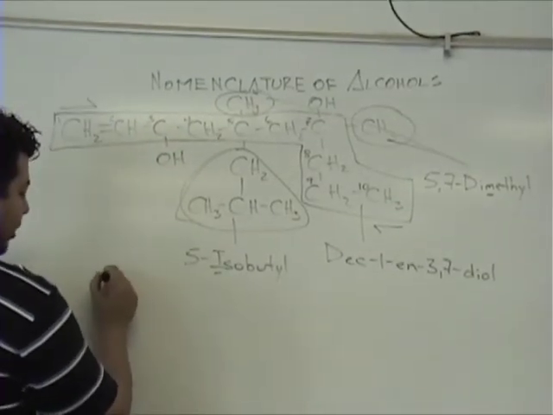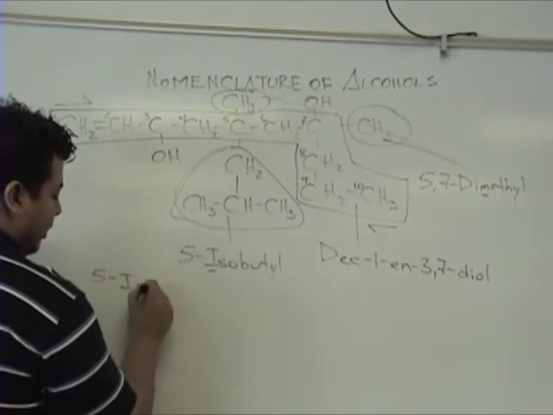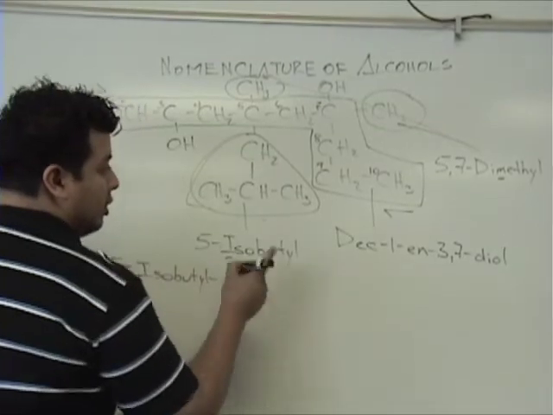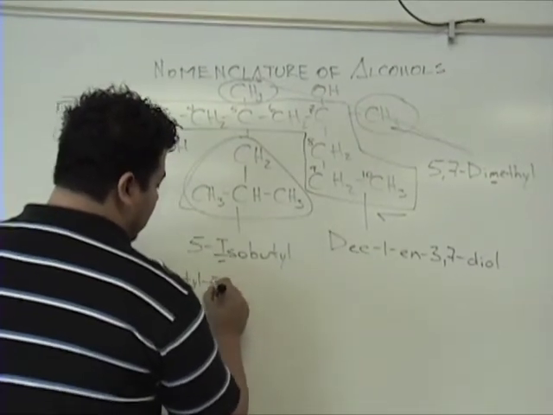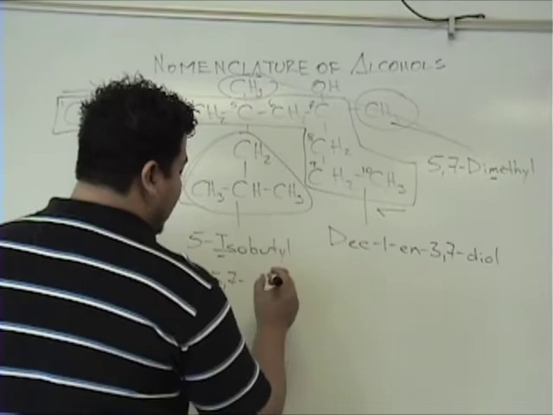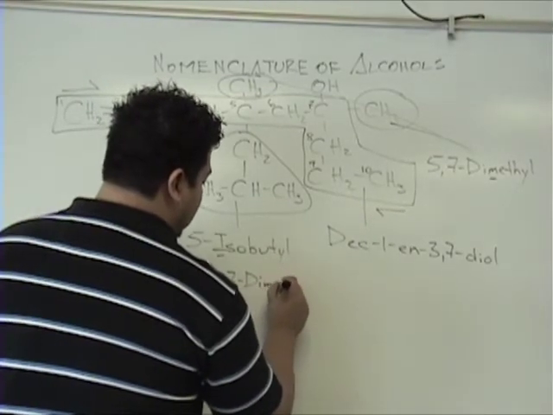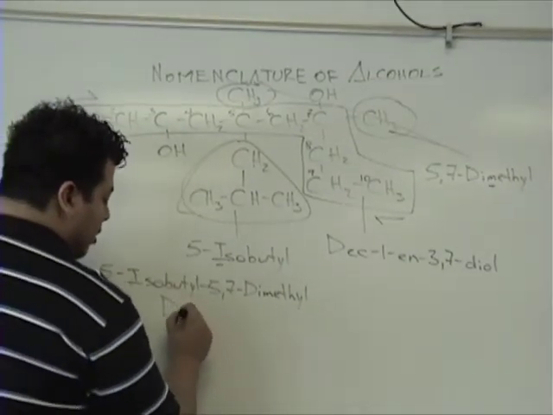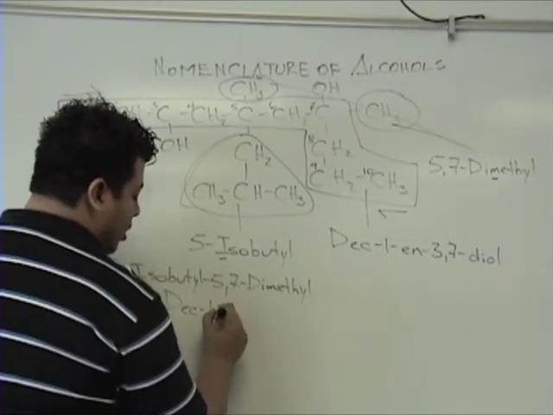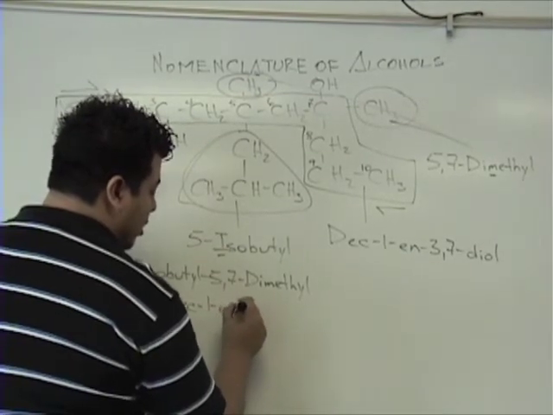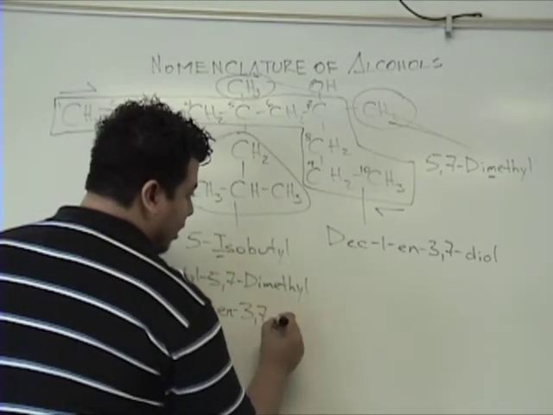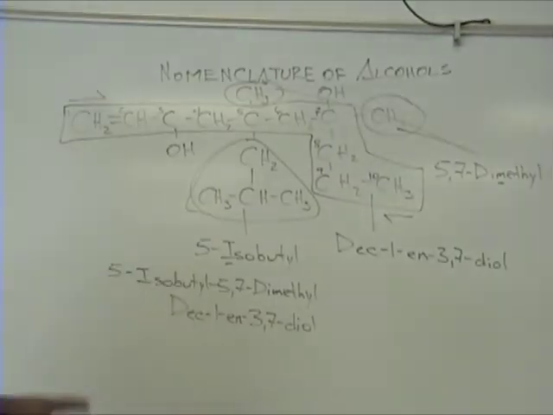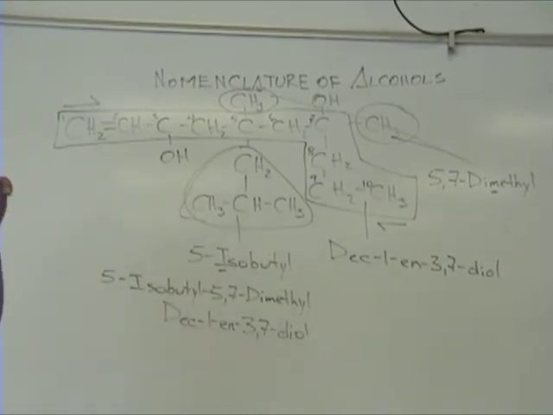So my name will start with 5 isobutyl dash 5,7 dimethyl, and then the parent chain dec 1 en 3, 7 diol. And that's the IUPAC name for this structure.